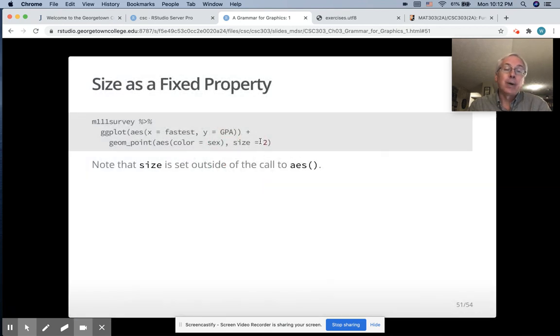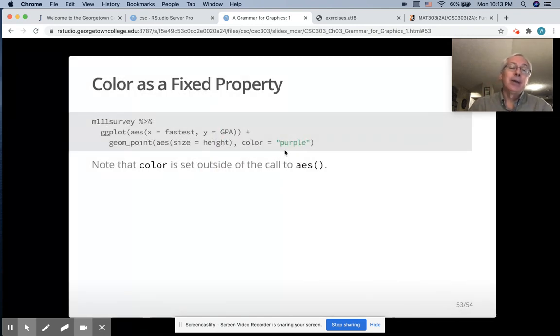I invite you to play with different sizes and see that by changing this number, you'll get all the points being the same size. So we're not mapping an aesthetic to the points, we're mapping something across all points. This is something that's applied universally to all the points if it's not inside an AES command inside geom_point.